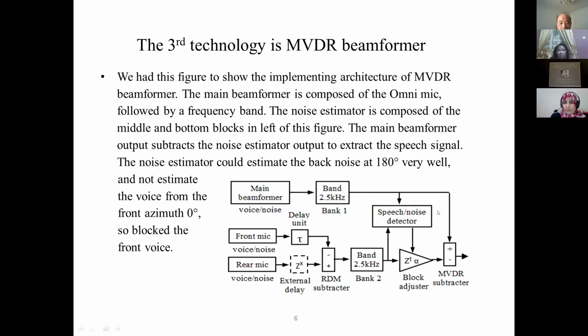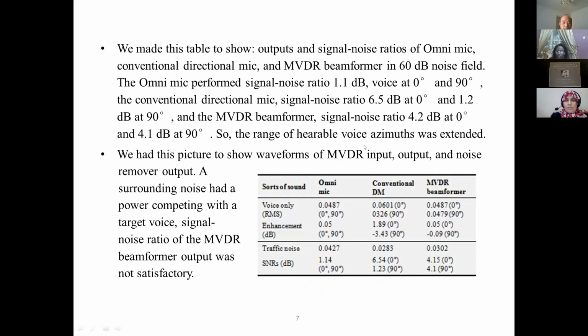So the main beamformer output subtracts the noise estimator output. We made this table to show the output and signal noise ratio of omni mic, conventional directional mic, and MVDR beamformer in a 60 dB noise field.